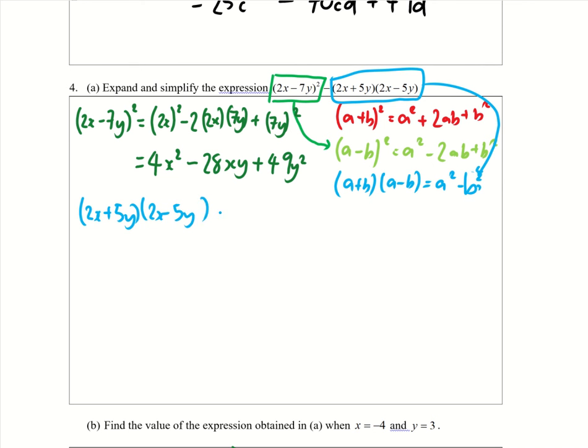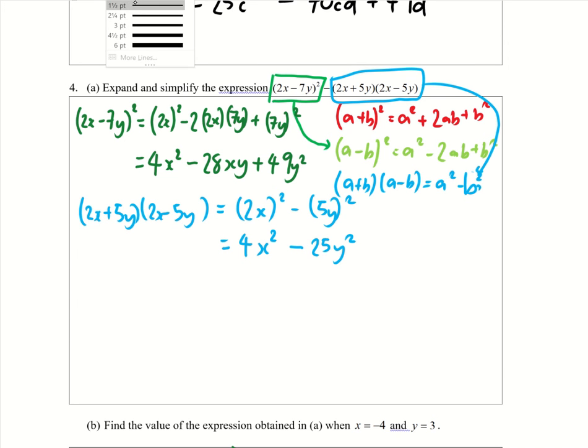If I expand this, I'll get a squared minus b squared. So I'll write down 2x as a and 5y as b. So 2 squared is 4, x squared is x squared, minus 5 squared is 25, y squared is y squared. And then I'll simplify everything and combine them together. But always remember, put it in brackets.